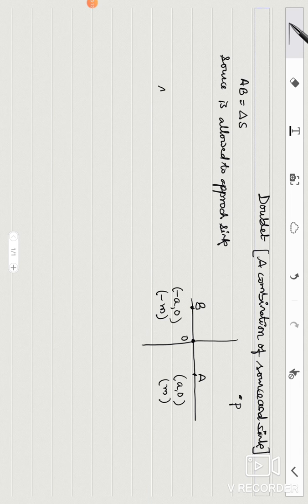So this doublet will work only in a plane area. We are not working in three-dimensional flow, otherwise fountains are good examples of doublets. So we are discussing the doublet in two-dimensional flow, and therefore the source is allowed to approach the sink and it will describe a flow in a plane.